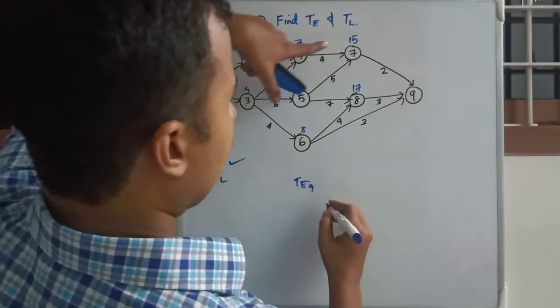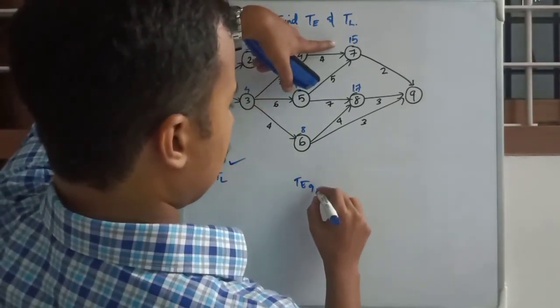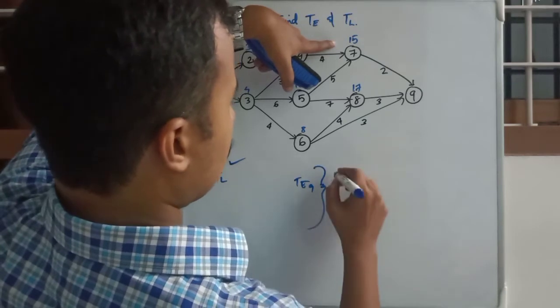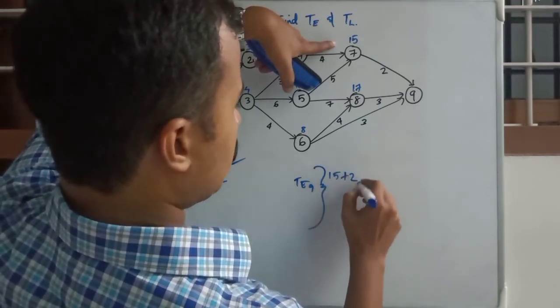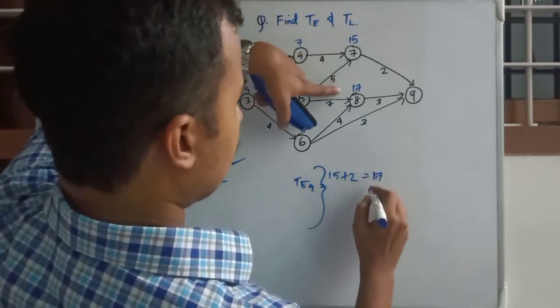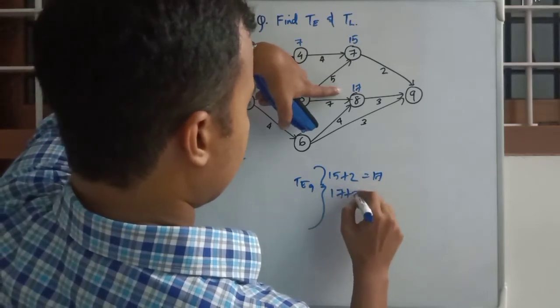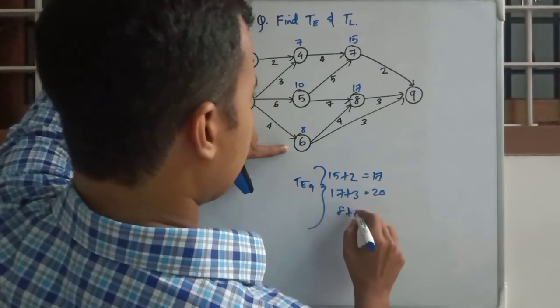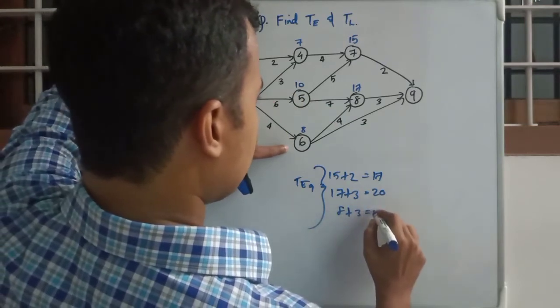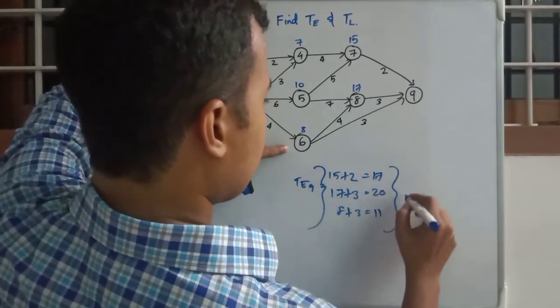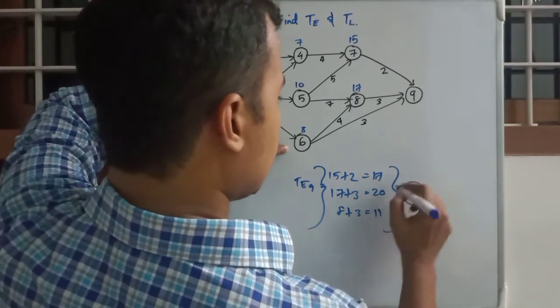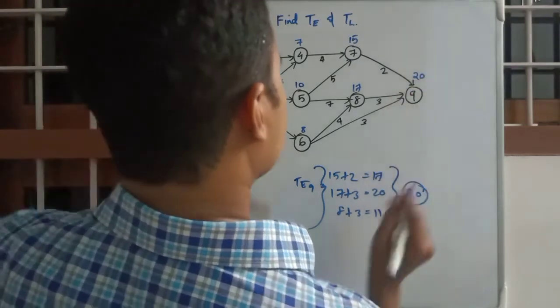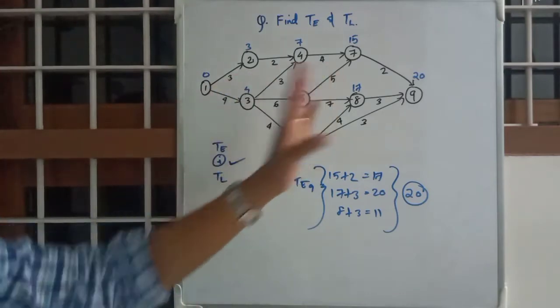T9 will be having 15 plus 2 is equal to 17, 17 plus 3, that is equal to 20, and 8 plus 3, that is equal to 11, that is we will take 20. So we have found out 9 TEs.